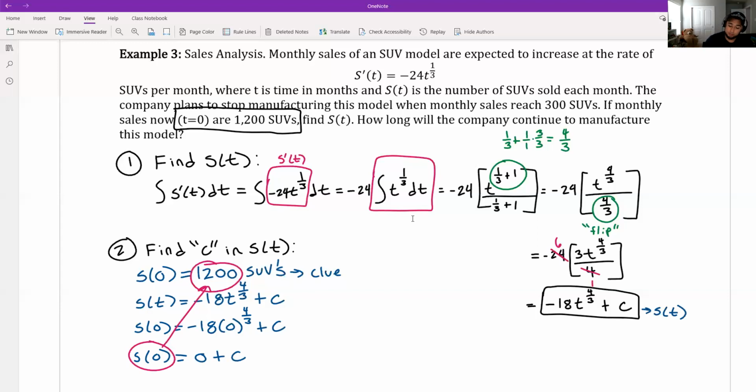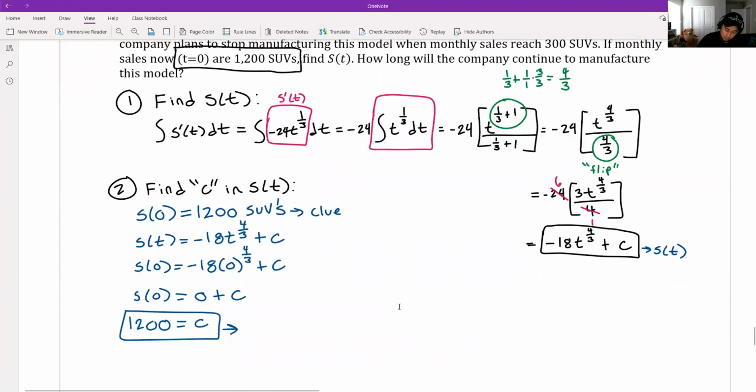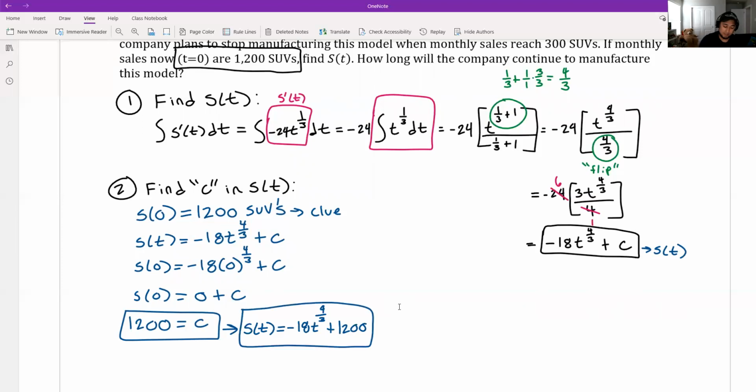So plug that in for S of 0. So this becomes 1200 equals c. Which means that we can now complete S of t. S of t becomes negative 18t to the 4/3 plus 1200. There you go. That's S of t.